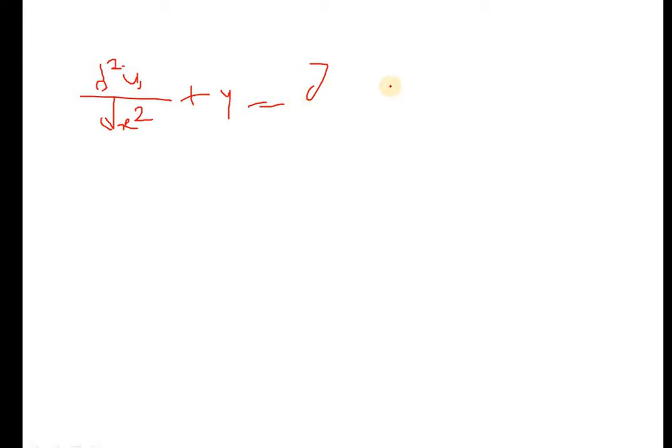This differential equation can also be written with the operator as D square y plus y is equal to 0, or we can use another notation, y double dash plus y is equal to 0. So these are the different notations used for derivatives. They all mean the same.